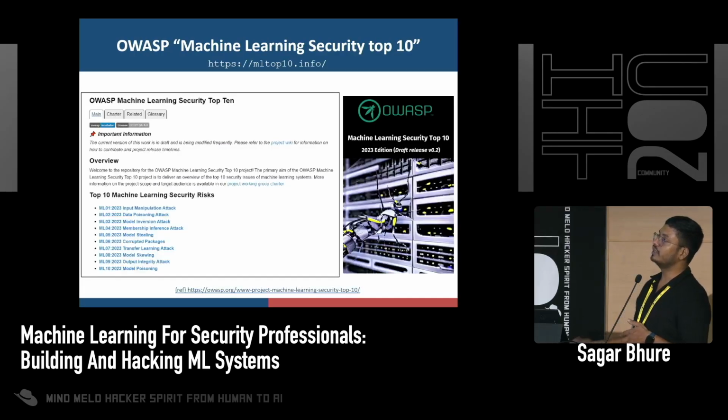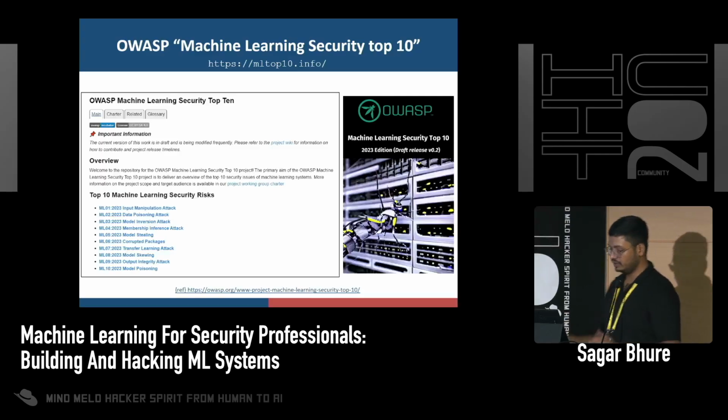This is what the ML Top 10 project talks about, which is also located at mltop10.info. And every attack vector has its attack scenario: how can you attack these projects and everything.